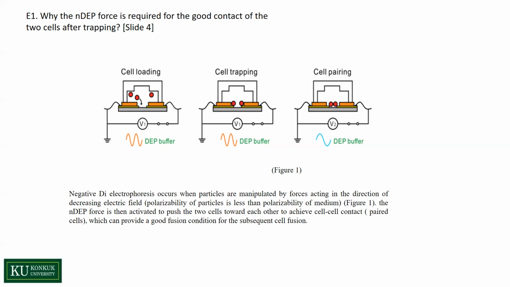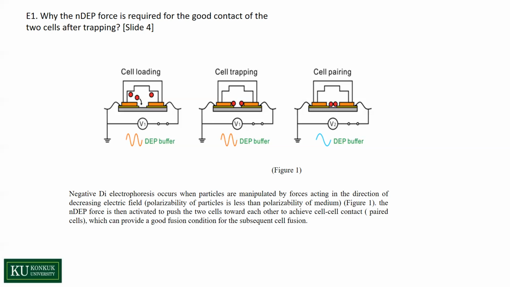We know that in negative dielectrophoresis, there is a condition that the medium will be more polarizable than the materials, so that the particles are moving against the increasing electric field.